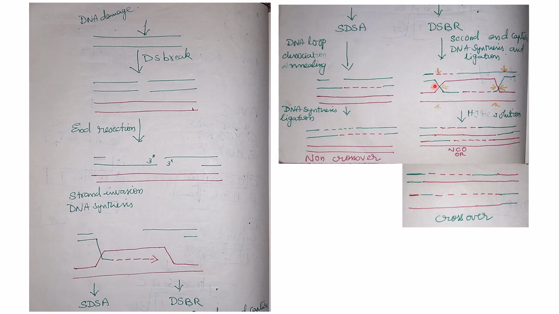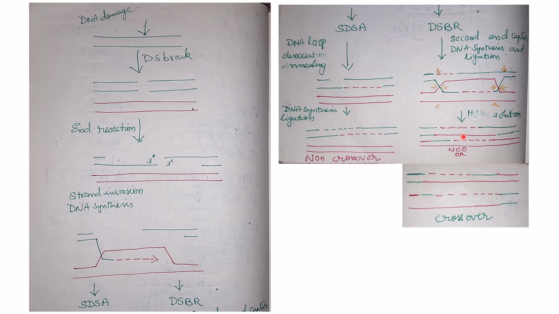So here also all these can result in Holliday junction. Now this Holliday junction will undergo resolution and can result either in crossover product or non-crossover product. Because the strand invasion, or I can say the homologous sister chromatid is being used as a template, chances of crossing over is there.